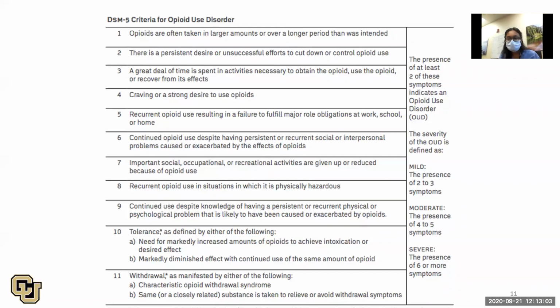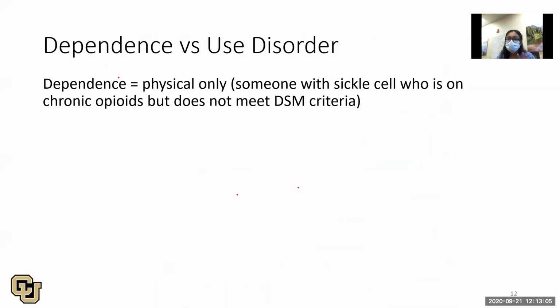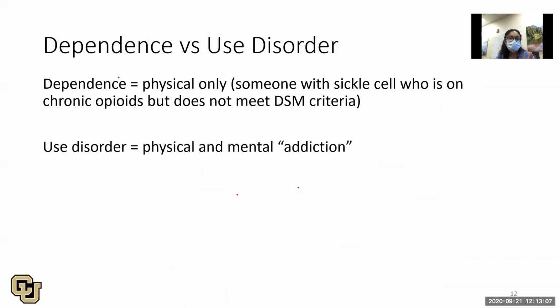Thank you, Graham. Awesome. So just to expand a little bit upon what Graham already said, these ideas are a bit outdated, the ones I've outlined here, but you can think about it in this way: dependence is really a physical characteristic. Imagine somebody who may have sickle cell disorder and they're on chronic opioids, and they may be dependent on it because if they don't take them, their pain rebounds, their body needs those to feel and function their best.